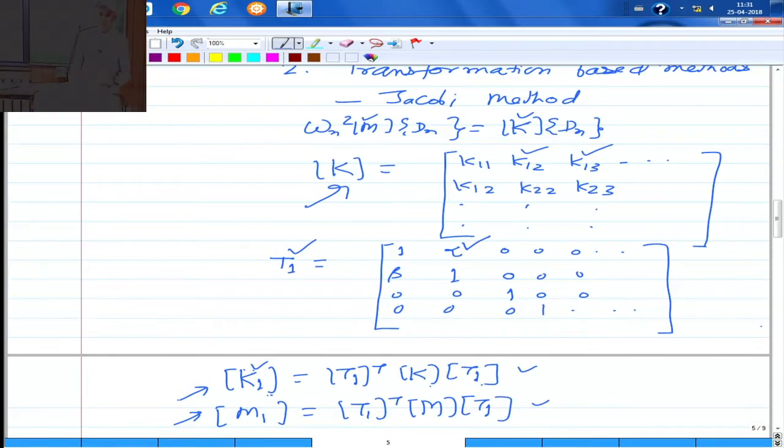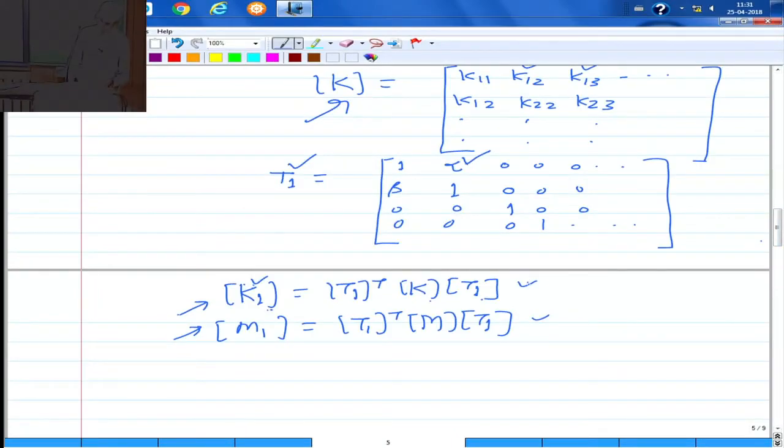And then you repeat throughout, trying to make all the off diagonal elements 0, but in the process you will find that in the first stage we made K12 0, but when we make K13 0, K12 would become non-zero, M12 would become non-zero.